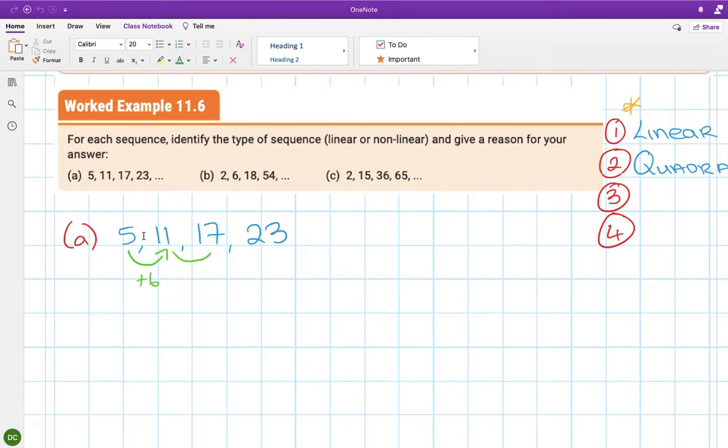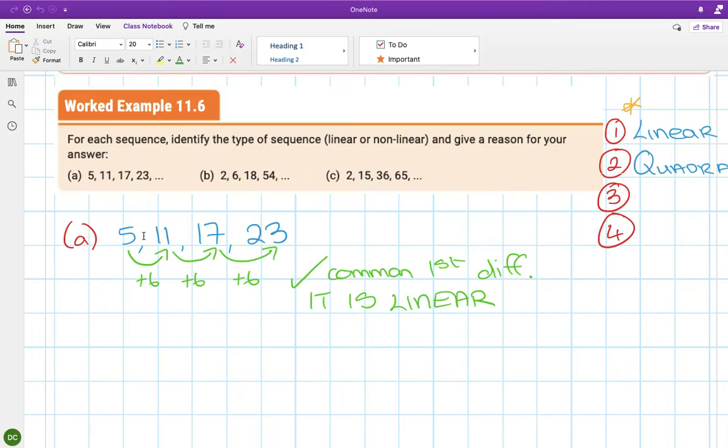Going from 11 to 17 is plus 6. And going from 17 to 23 is plus 6. This one does have a common first difference, which means it is linear.